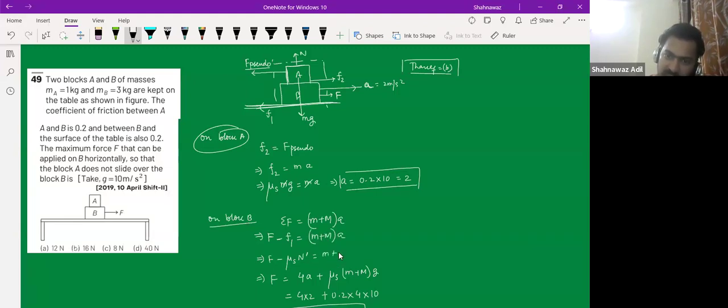This is M plus m, because this thing is moving as a whole. This whole thing is accelerating with 2. But if we talk about the case of block A only, then we have to write only this block's mass m. So that is the key idea in this question.